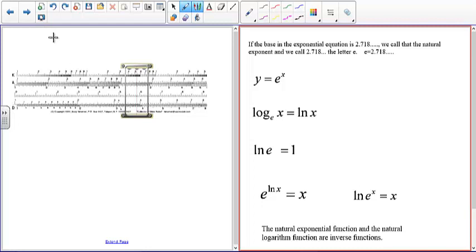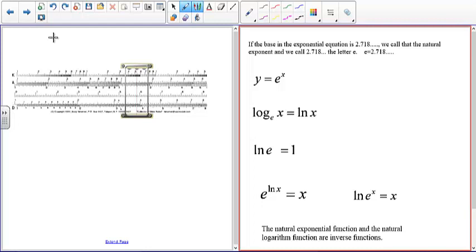So there's a special case of logarithmic and exponential functions. All it is is a base that's not a whole number. It's a specific number, 2.71828... And when you use that number as your base, then we say it's the natural exponential.